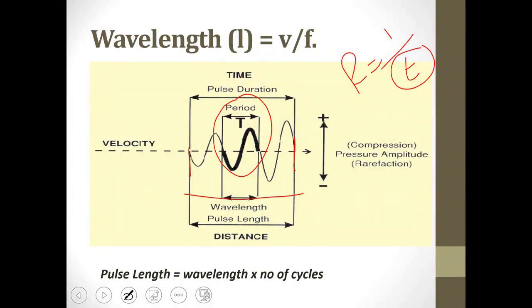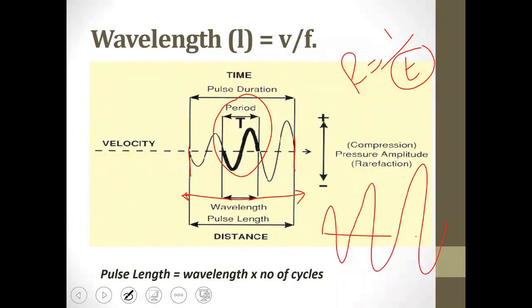If you want to know the pulse length, how long the pulse is, what you do is get the wavelength of one cycle and multiply it by the number of cycles. For example, I have this pulse, and it turns out to be how many cycles? 1, 2, 3, for example. So that's 3 cycles. I get the wavelength from here to here and from here to here.